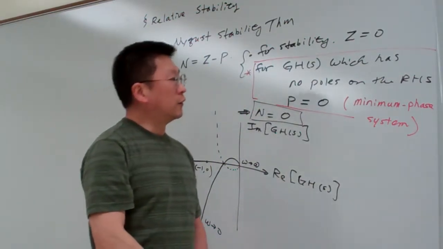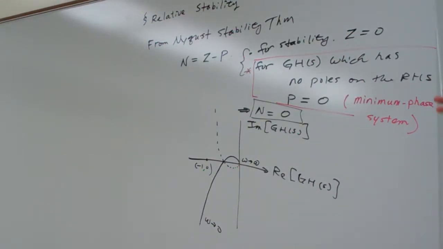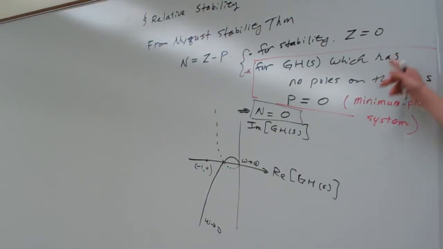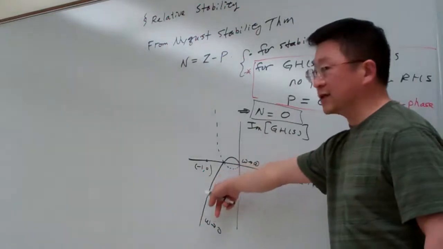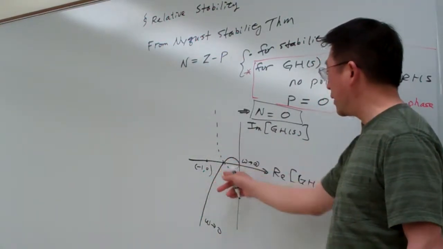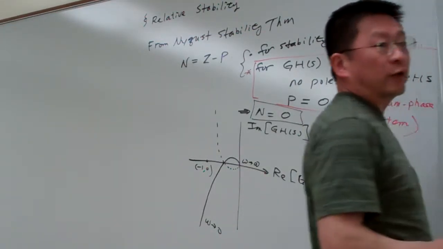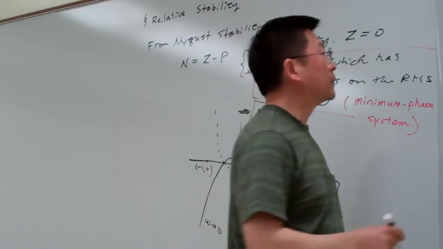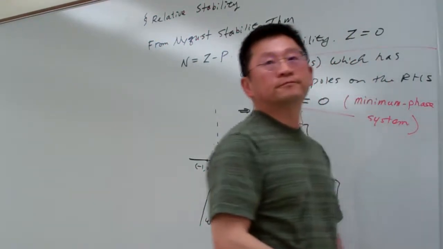Now talking about relative stability under the two situations for stable minimum phase systems, we must have Nyquist plots like this. This is one branch, and this is another symmetric one. For most of the plots, we only use one branch to represent this. For a stable system, this is minus 1, 0.